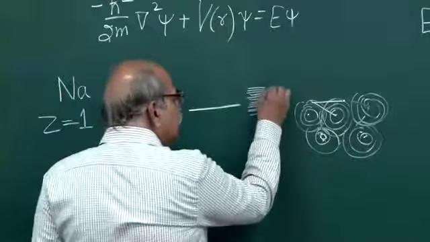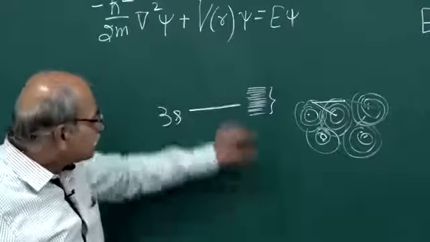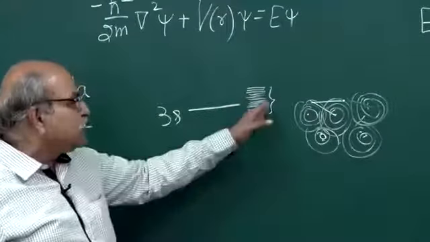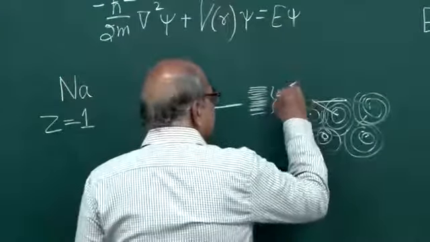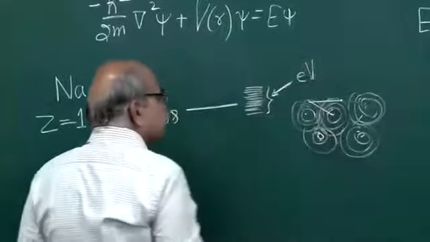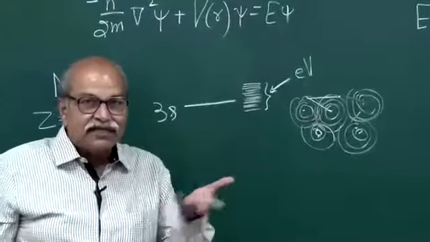And this whole energy range here can still be in electron volts, a few electron volts. So that's the kind of typical energy.